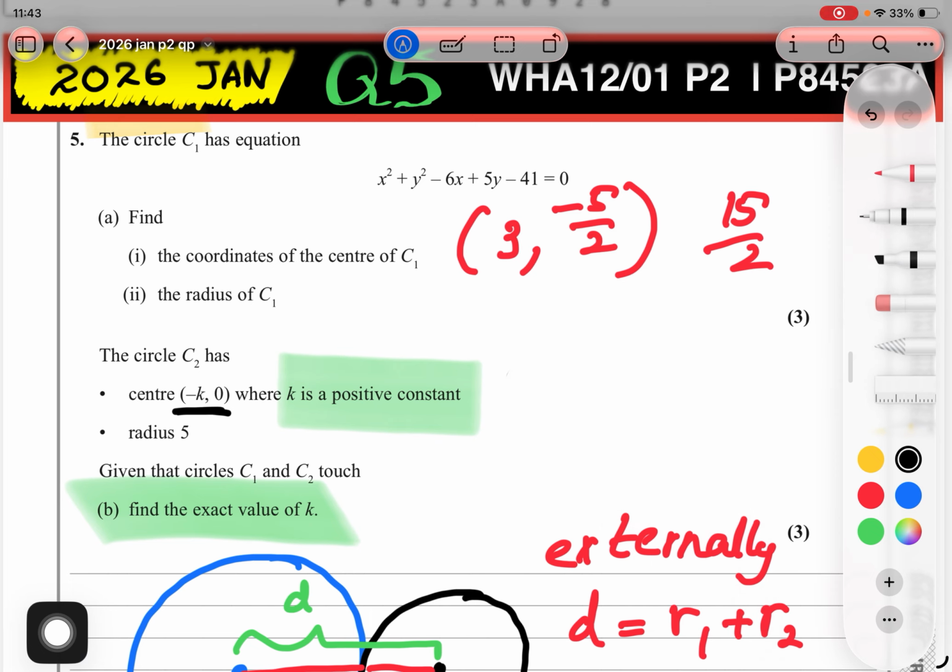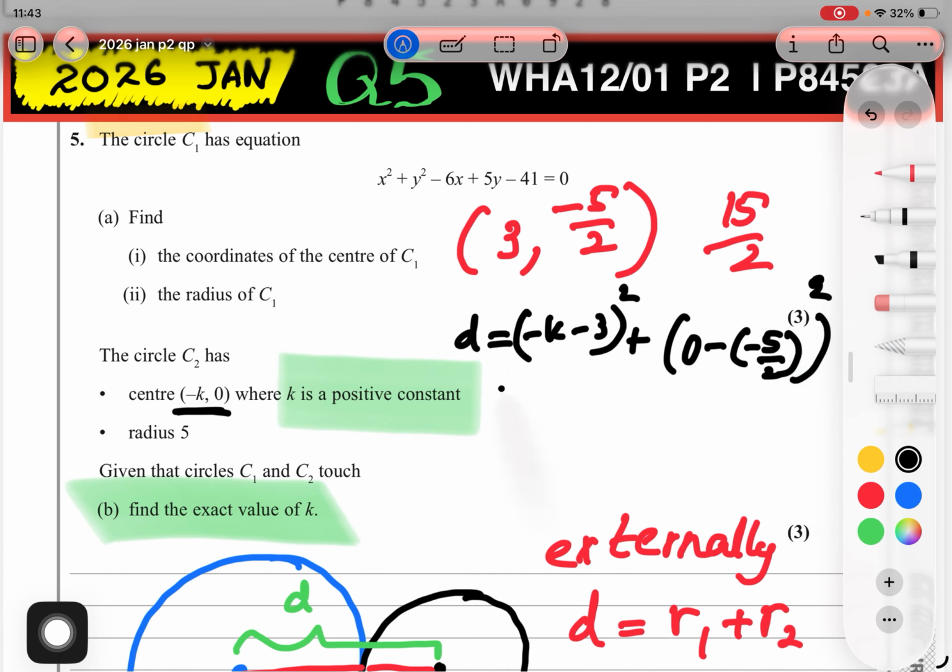So let me write it. Our d is going to be, we can start with either we like. I'm going to start with the first one. It's negative k minus 3 whole thing squared plus 0 minus 15 minus 5 divided by 2 whole thing squared, and we root it.